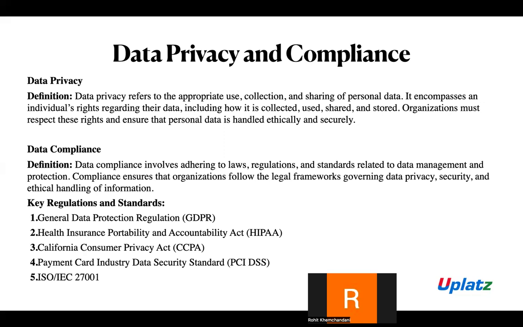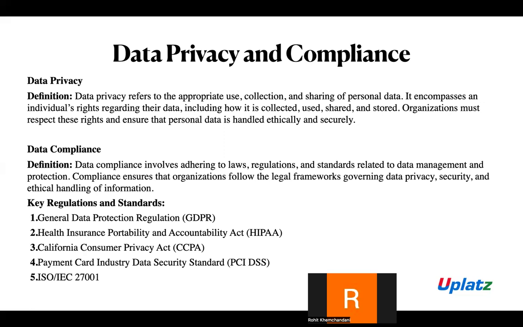Privacy impact assessments, also known as PIAs. Conducting PIAs for new projects or data processing activities helps identify potential privacy risks and implement measures to mitigate them. So this is how it will be implemented. The framework will be set up, mapping and inventory will be done, regular audits will be there, and training will be there.